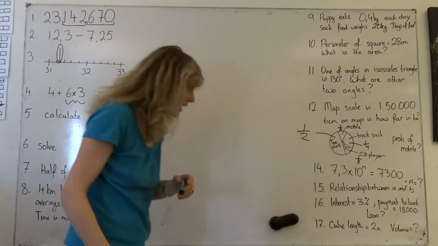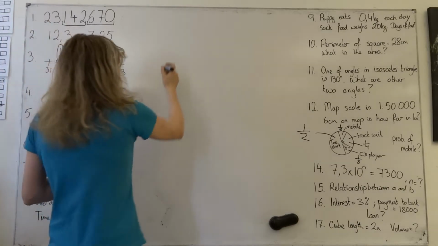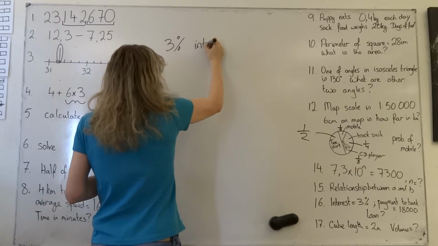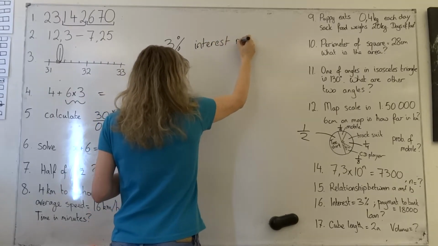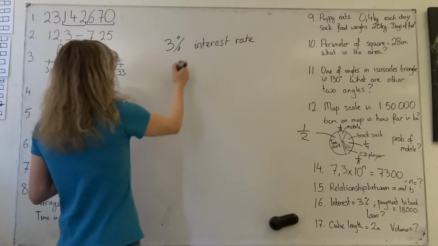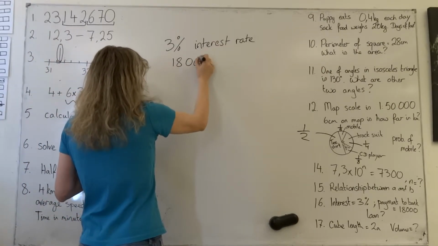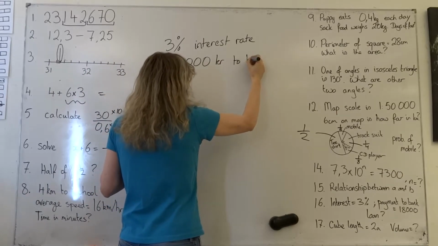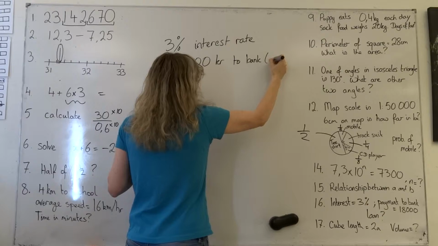Now the Smith family have taken a loan, and it's at an interest rate of 3%. In one whole year, they paid back 18,000 kroners to the bank. That is the amount of interest, the amount of money that they paid.